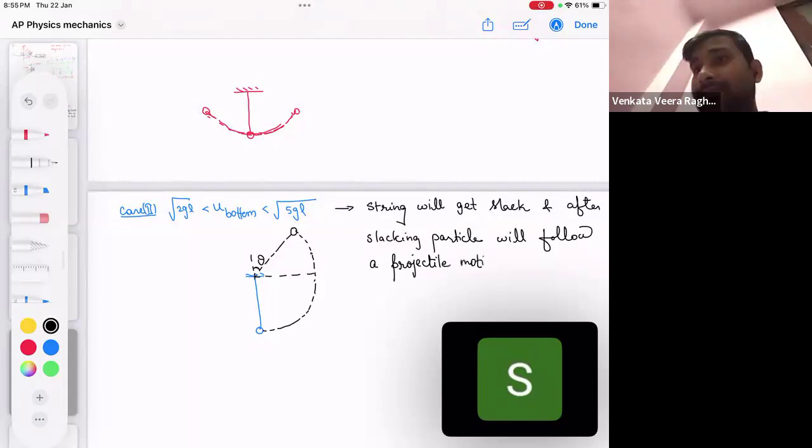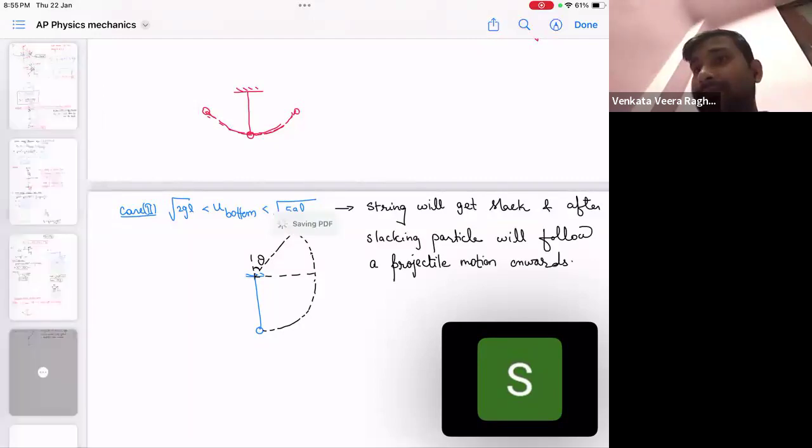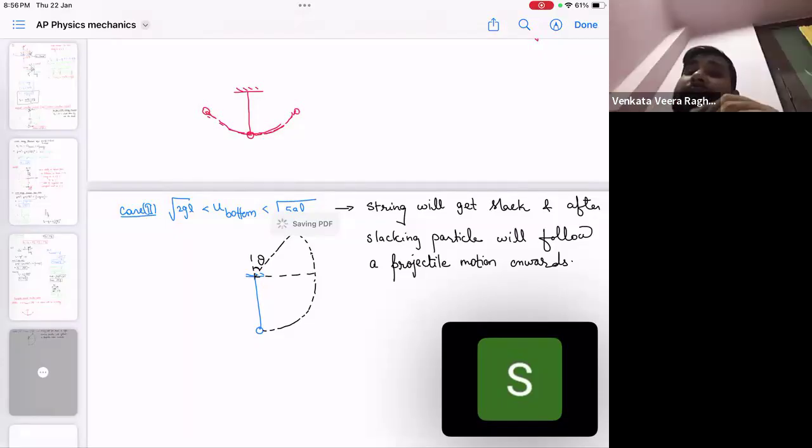These are the two cases of insufficient velocity given. If the velocity is not sufficient to complete the circular motion, then two cases come depending on the velocity given at the bottommost point. If it is less than root 2 GL, it will just oscillate in its path. If it is more than root 2 GL and less than root 5 GL, then it will reach a certain point, the string gets slack at that point, and after that it will do projectile motion.